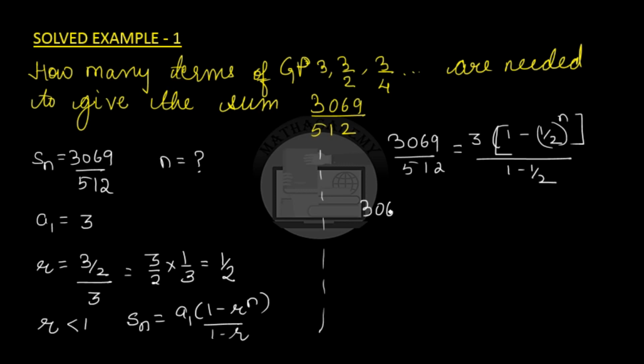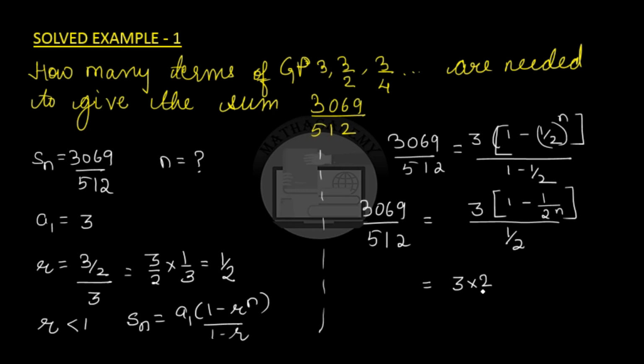This gives 3069 over 512 is equal to 3 times, the 1 minus 1 by 2 in the denominator gives you 1 by 2, and 1 by 2 whole to the power n is 1 upon 2 to the power n. The 1 by 2 in the denominator reciprocates and multiplies as 2 by 1, and 1 minus 1 over 2 to the power n is equal to 3069 over 512.